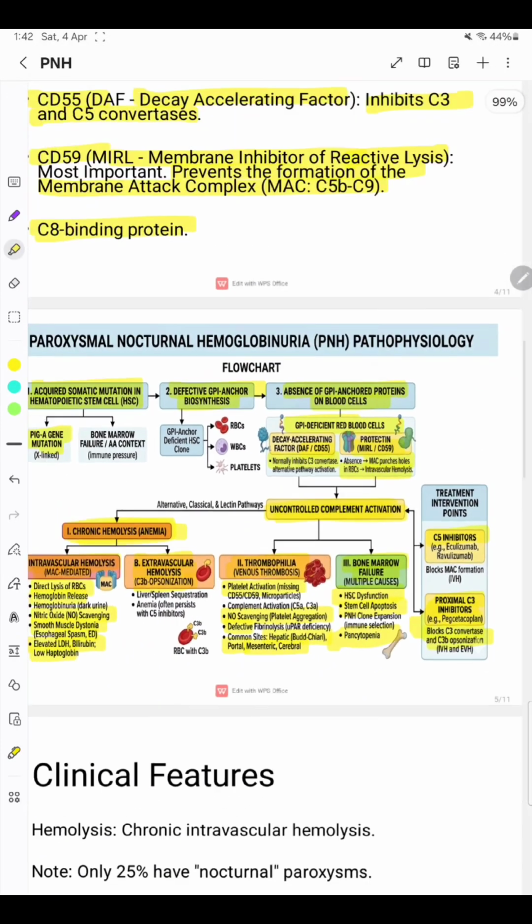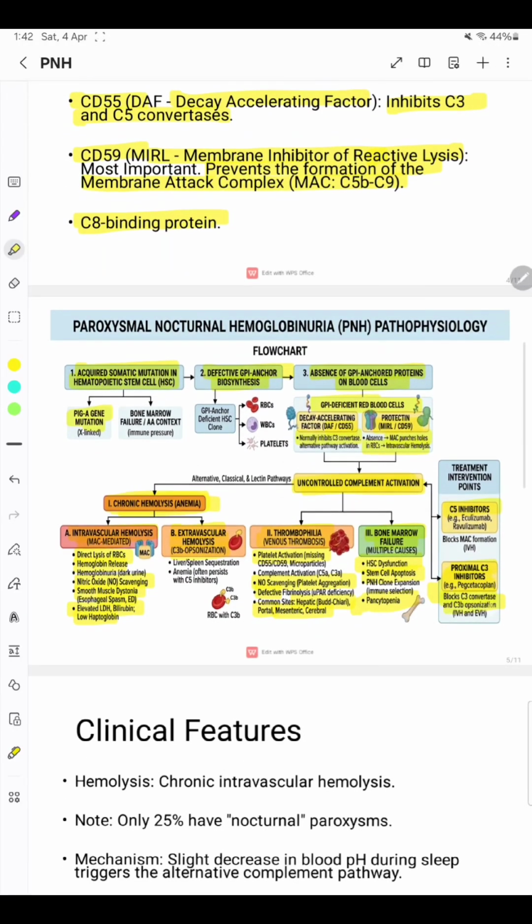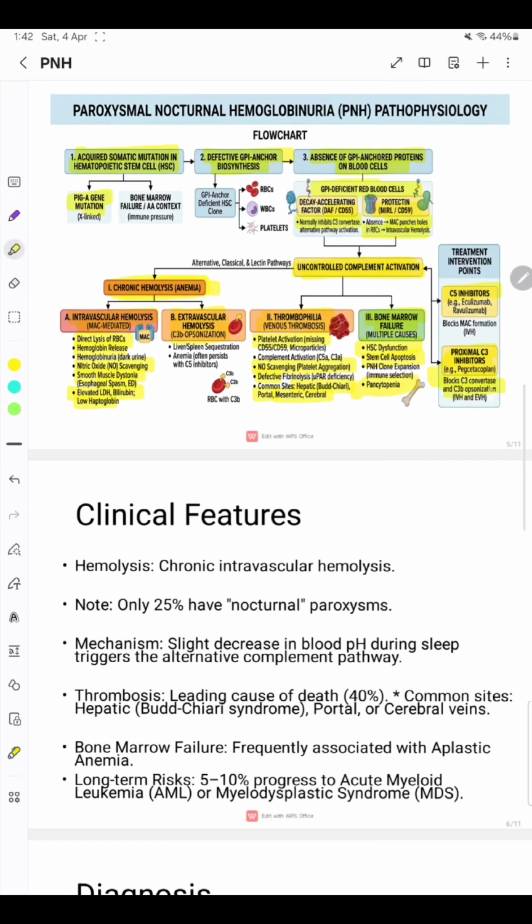So this is the diagrammatic representation of the PNH pathophysiology. Now we'll see the clinical features of PNH. Features of anemia, particularly hemolysis, which is chronic intravascular hemolysis, and only 25% of the cases have nocturnal paroxysm.